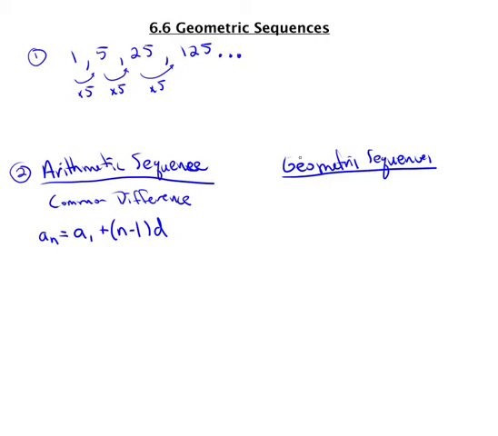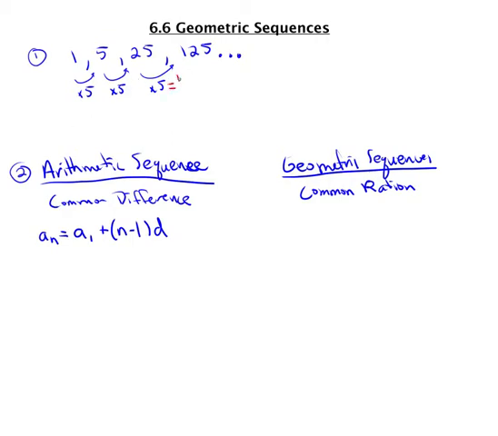And so that's our geometric sequence, and it's called a common ratio. The reason it's called a common ratio is because to get that times 5, you find a ratio.